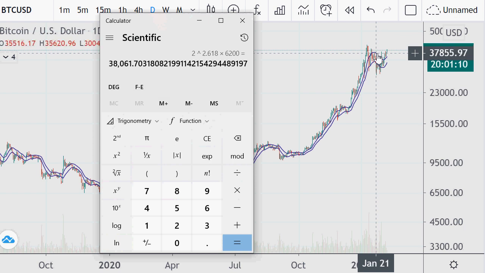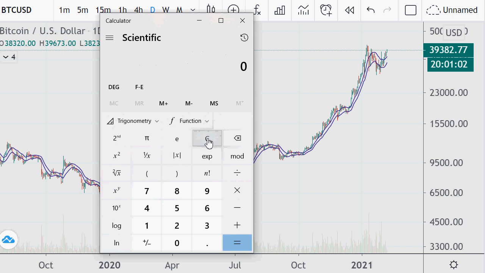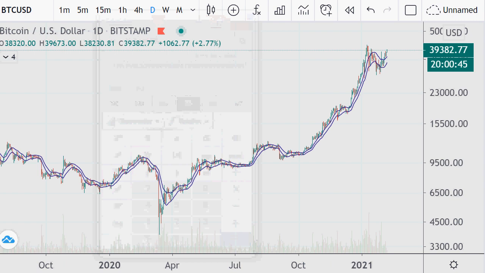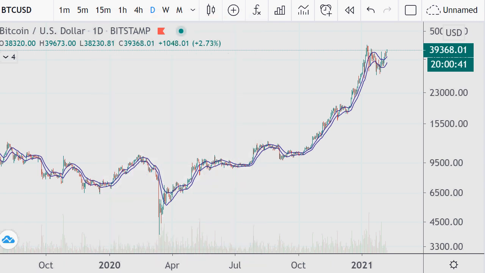Whatever on that level, it just happened to do what it's done at around 38,000 and change. 4.23 would be the next one. 2 to the exponent of 4.23, multiplied by 6,200, brings us to 111,000, 116,000. If it does it, I'm just saying, that just happens to be what it does.